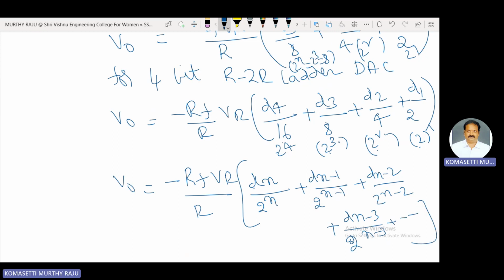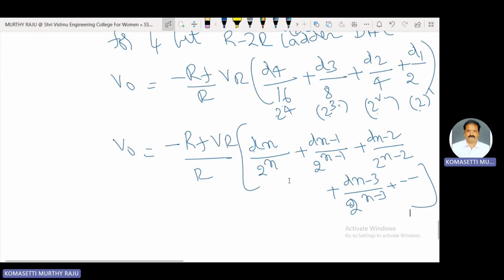Suppose n is equal to 4: d4 by 2 power 4, d3 by 2 cube. For n is equal to 3: d3 by 2 cube, d2 by 2 square, d1 by 2.